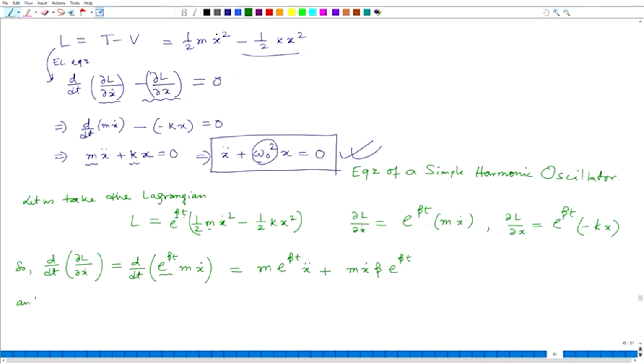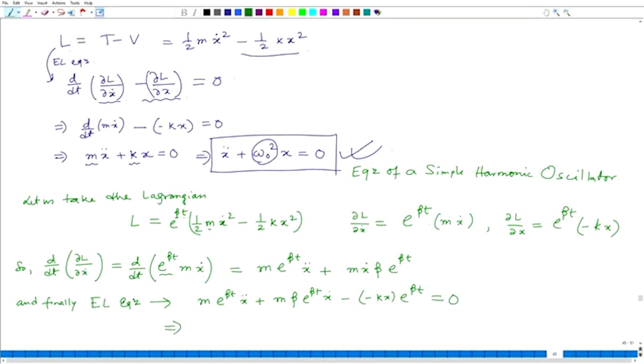And finally, the Euler-Lagrange equation gives this: m e to the beta t x double dot plus m beta e to the beta t x dot minus of minus k x times e to the beta t is equal to 0.